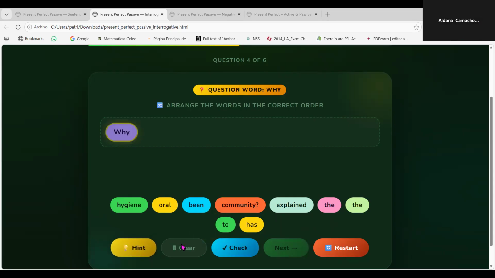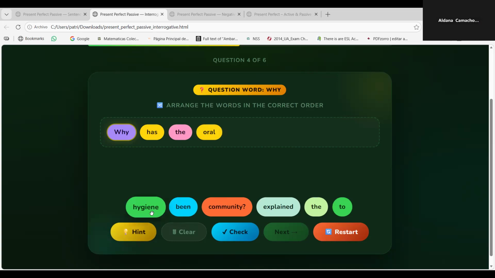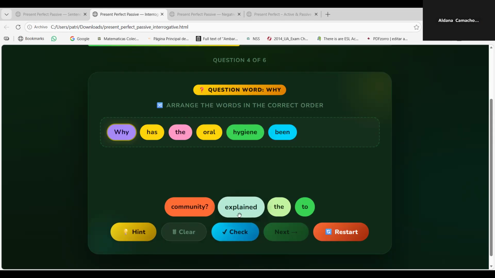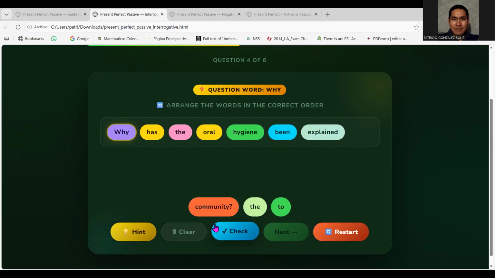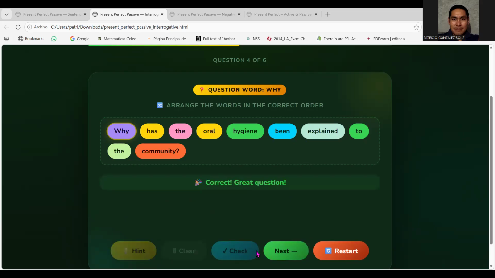Why has oral hygiene been explained to the community? Yes. Great job, my dear.